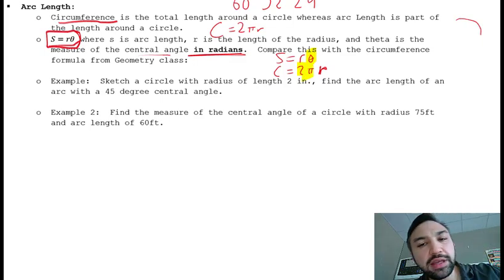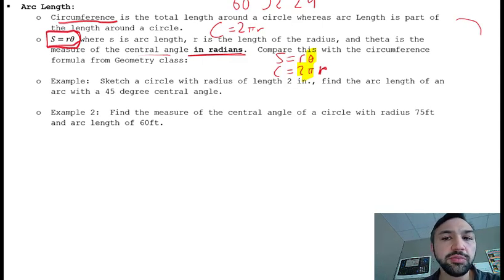So that circumference formula that you used in geometry, they substituted 2 pi in for theta. R is still R, all the way around the circumference, whereas part of the way would just be arc length. But if we just went halfway around, we would just put pi. That's the only difference. So it's really just a variation of the formula you already know.